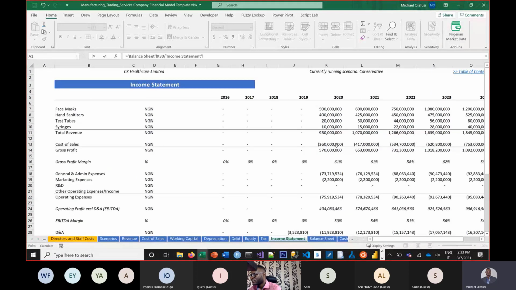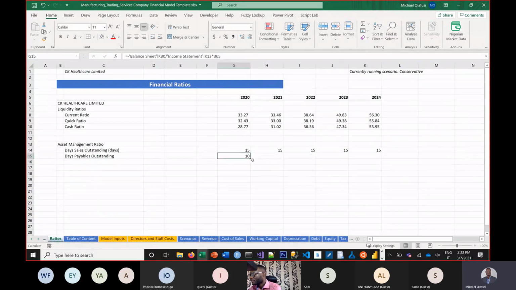I'm going to grab the cost of sales. This is it. Because there is a minus on it already, I'm going to take that minus out. Times 365. And so this tells us on average how long it takes the company to collect its revenue. So these two go hand in hand.